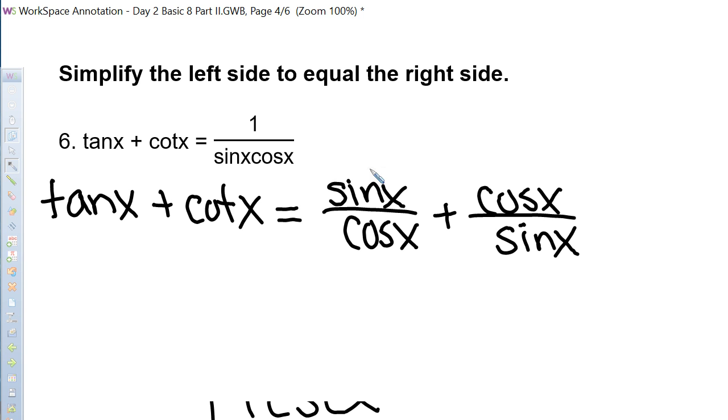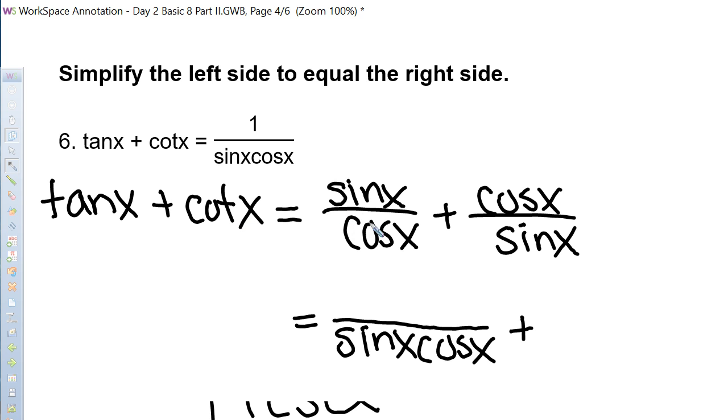Yeah, what's the common denominator? Sine cosine. So the first one has cosine, what is it missing? Sine.